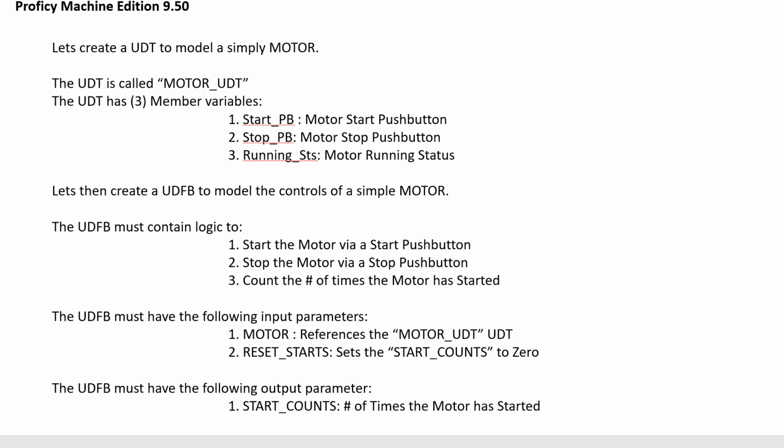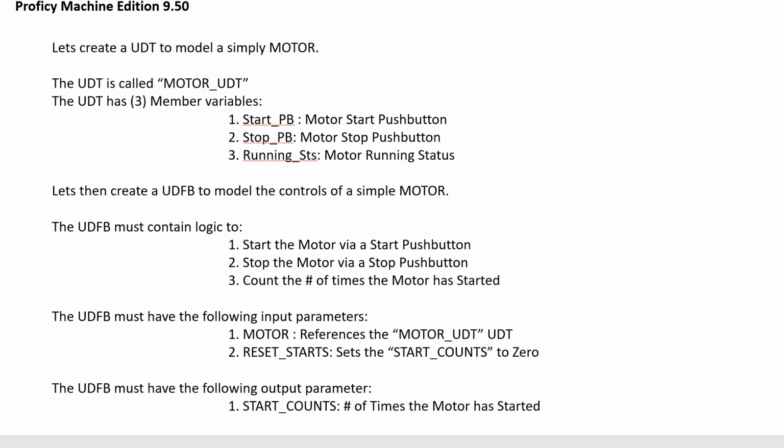And then, once we've created our UDT to model a typical motor, we're going to have to create a user-defined function block to handle all the inner logic to control and manipulate that motor. So we're going to call a UDFB called motor, and basically that user-defined function block is going to have the logic internally to start the motor based on our UDT and stop the motor as well, and then maybe count the number of times we've started the motor.